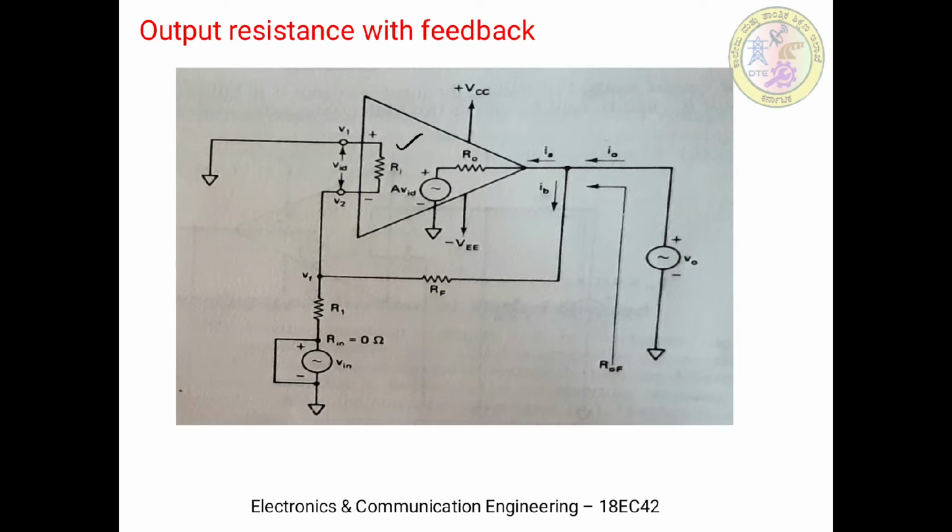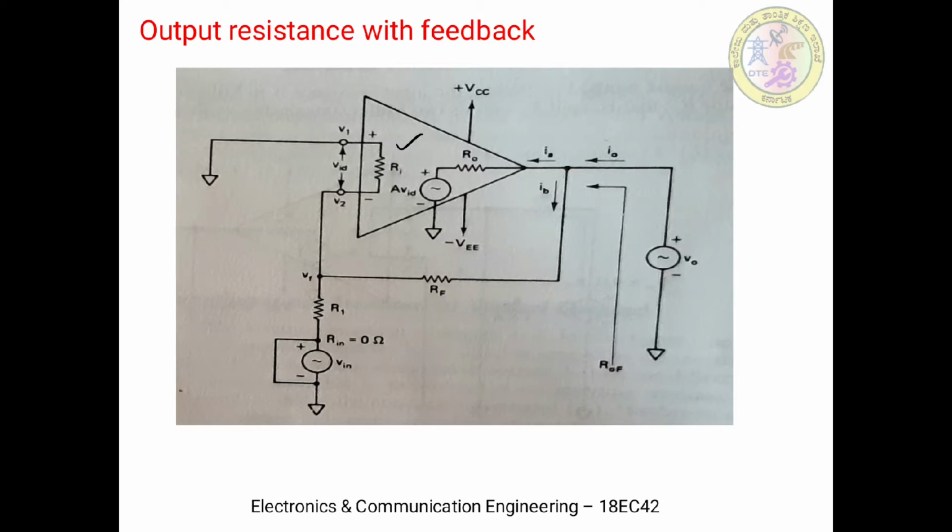A method we have already adopted in the non-inverting case: to measure the output resistance we set Vin as 0, then connect a test voltage or external voltage V0 and find ROF.